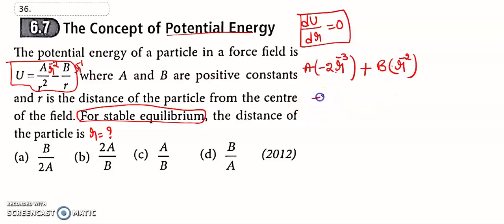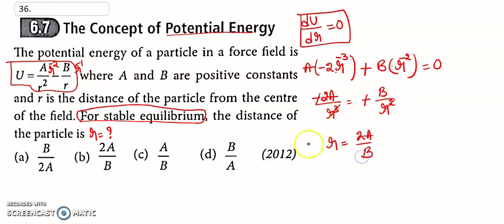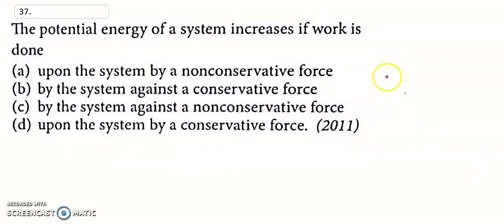So minus 2a divided by r cube plus b divided by r square is equal to 0. The minuses cancel, one r square cancels, and r remains. So r is equal to 2a divided by b. So option B is the right answer for 36. Let's move to 37.